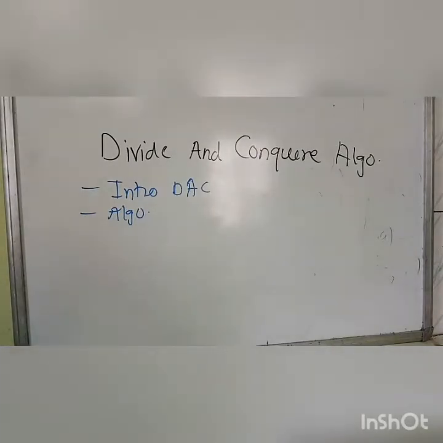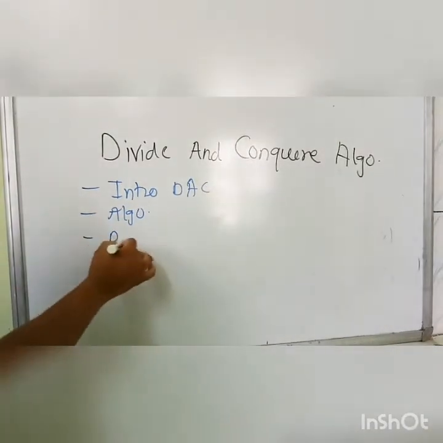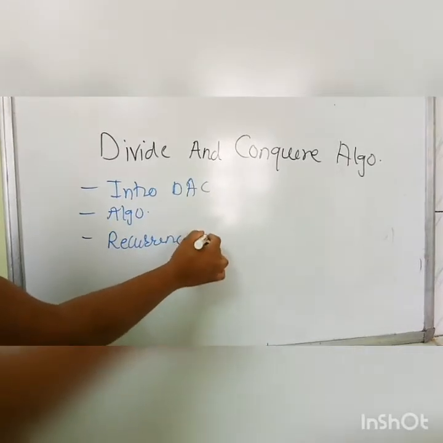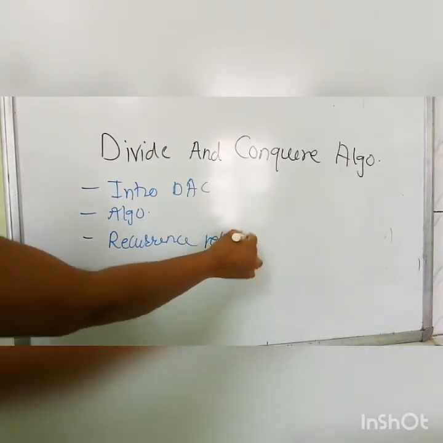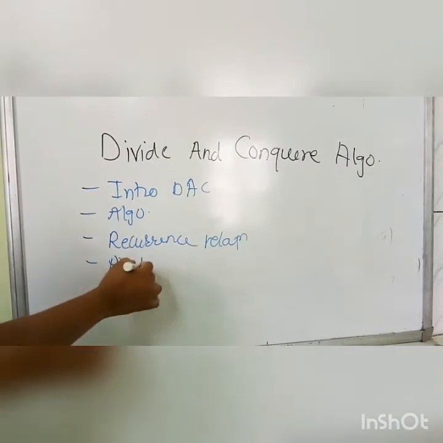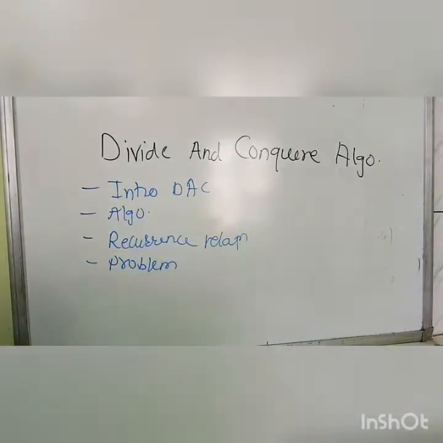Again, we have to see the recurrence relation for the DAC algorithm. Recurrence relation is nothing but the actual execution part of any algorithm or any method, and the different problems which are using the DAC techniques.